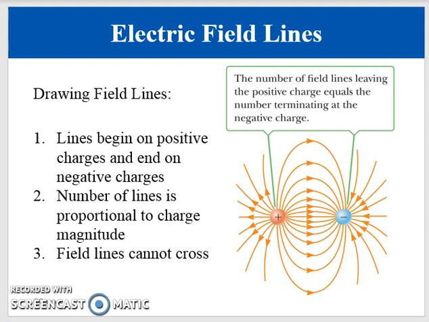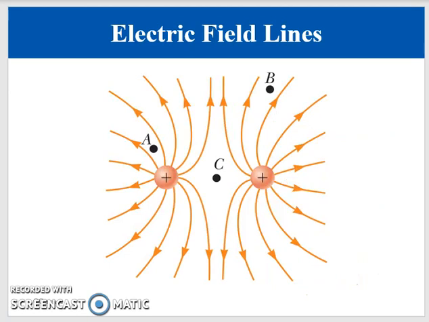And that's important for the next case where I have two charges of the same sign. What do the field lines look like if I have two charges of the same sign? Well, in this case, the field lines that are in between the charges are going to try and move toward the other charge, but then they're going to bow outward.